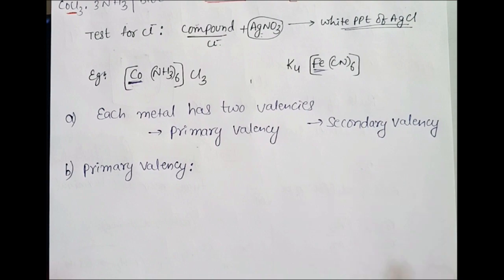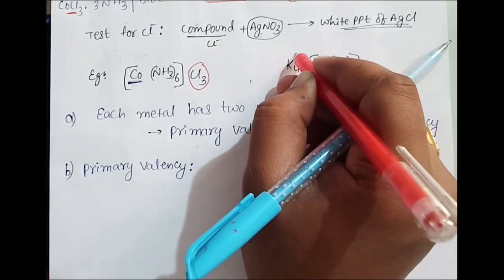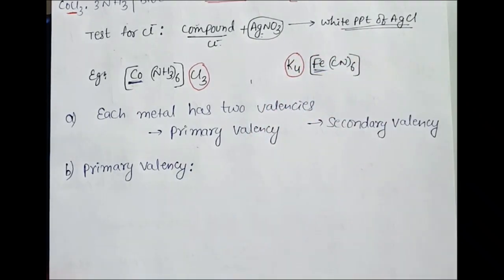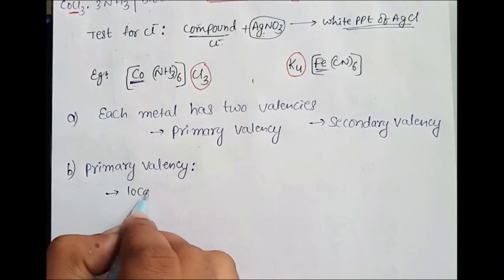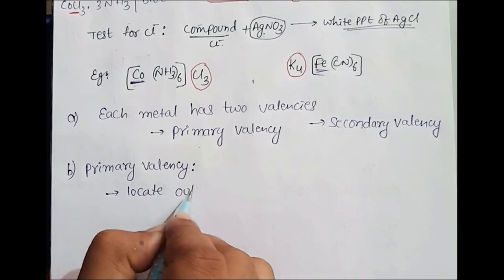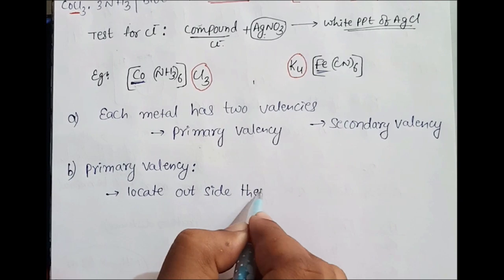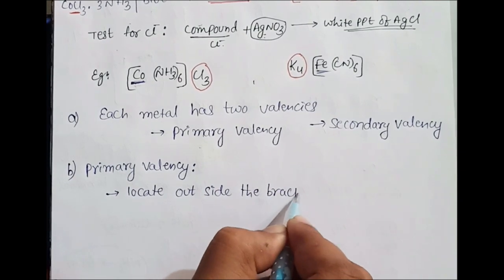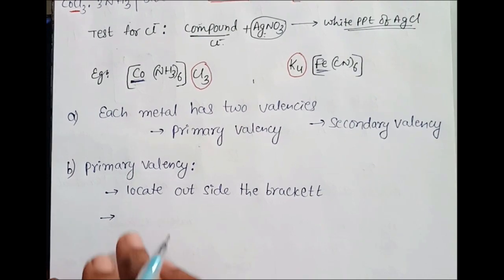Those which are present outside the bracket. 3 chloride ions are here, 4 potassium ions are there. That's called primary valency. So primary valencies mainly locate outside the bracket. That is point number 1. Now are they ionizable or non-ionizable, you tell me.